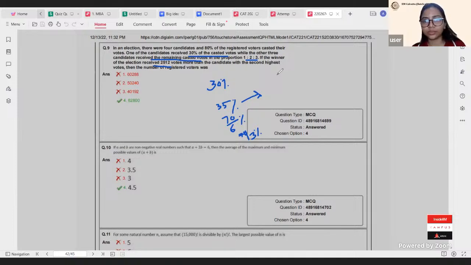So we'll solve for the value of x, and ultimately find the value of 100x, because the number of registered voters is 100x. That will come around to be 62800.